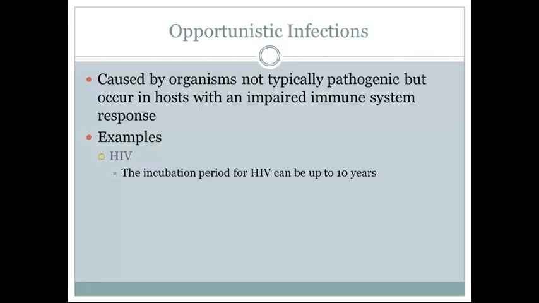Opportunistic infections are caused by organisms not typically pathogenic but occur in hosts with an impaired immune system response. An example is HIV. The incubation period for HIV can be up to 10 years.